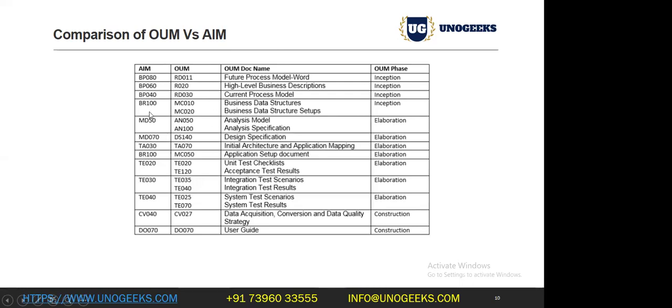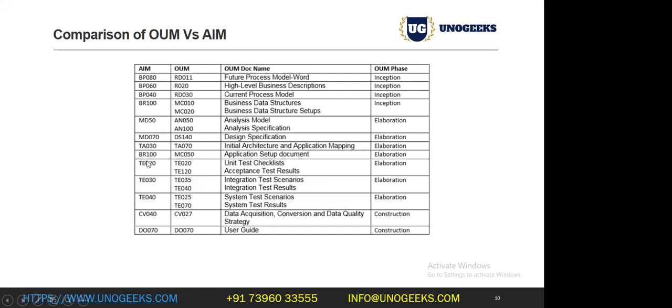For example, with earlier clients, 5 to 6 of them, we used to have a BR100. My current client, which uses OUM, calls the document MC50. Earlier in EBS, as well as in the AIM methodology, we call it BR100, the business requirement document. Here MC50 is the managed configuration document.